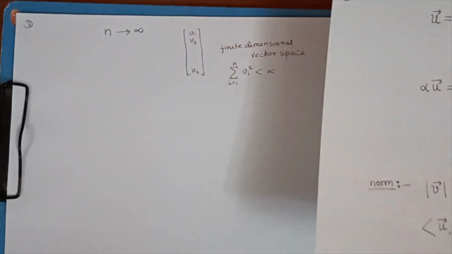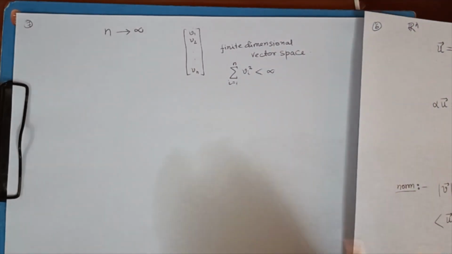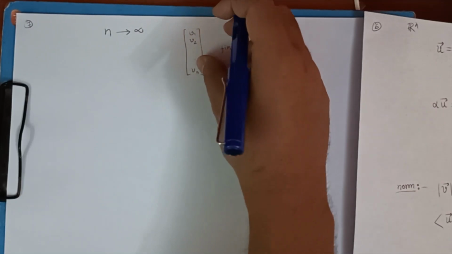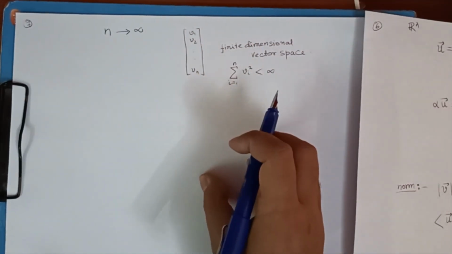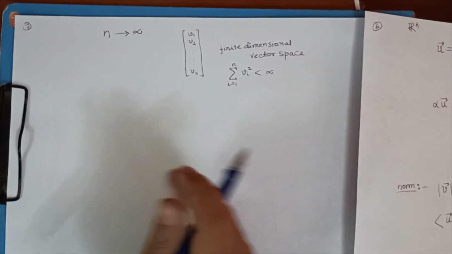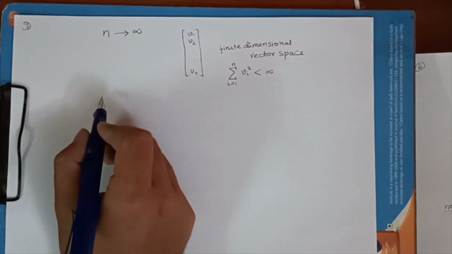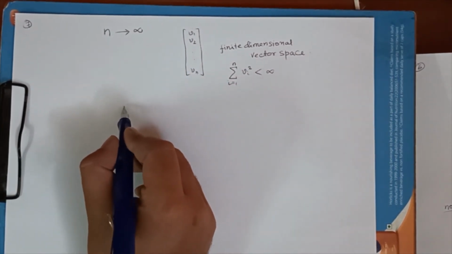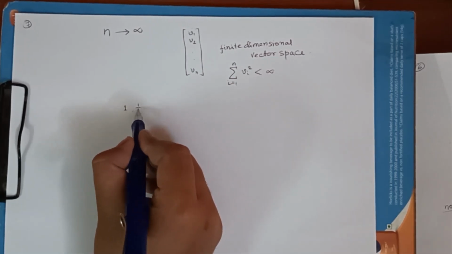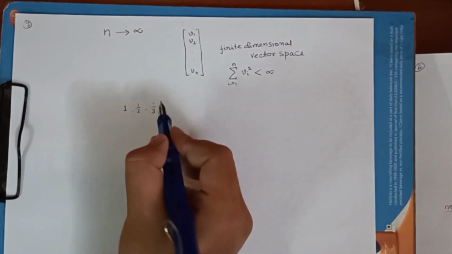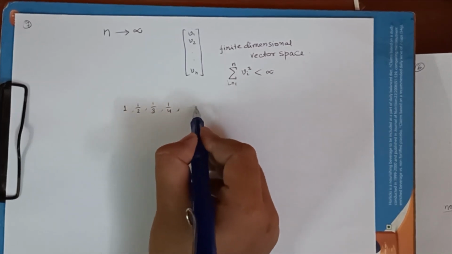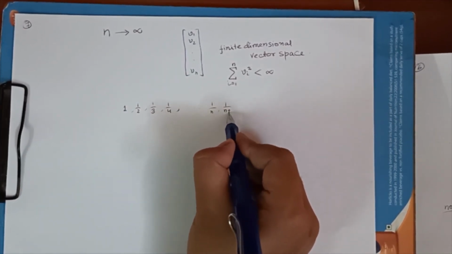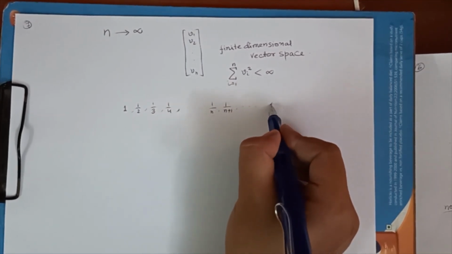So if you want to increase n, what will it become? This vector will go on forever. So this will become like a sequence. Suppose you think of the harmonic sequence, right? So 1, 1 by 2, 1 by 3, 1 by 4, and so on, 1 by some n, 1 by n plus 1, and it will go on forever.